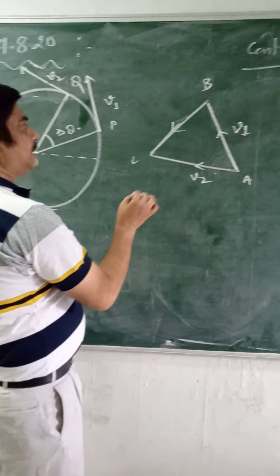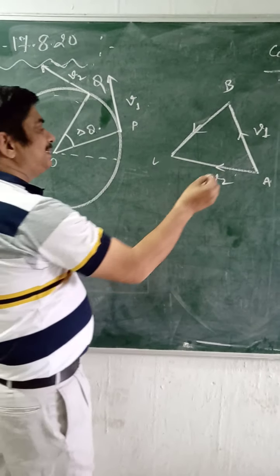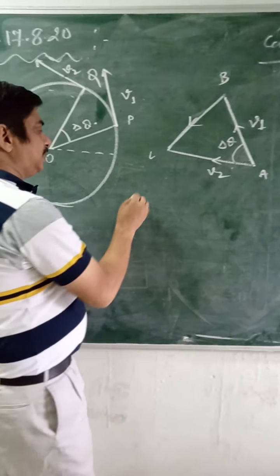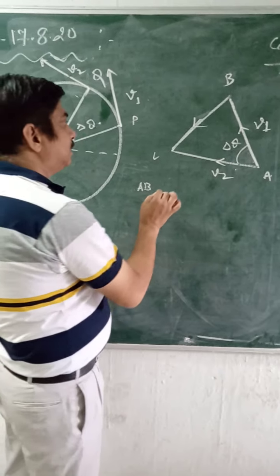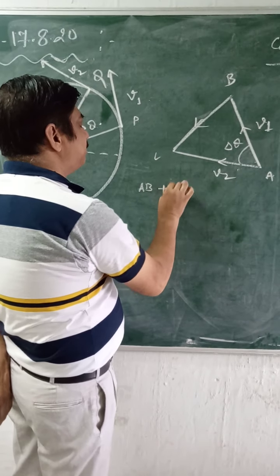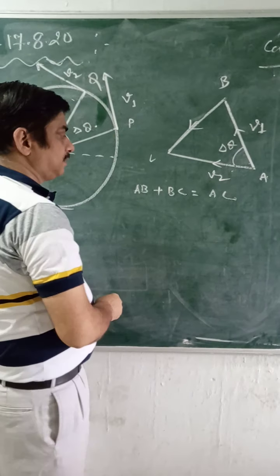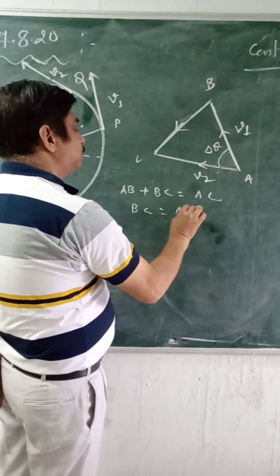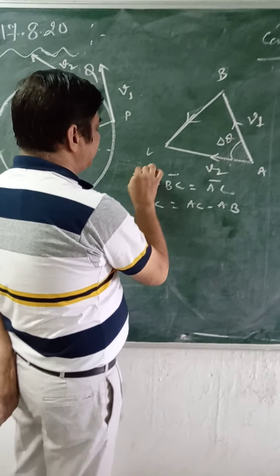So AB, according to the law of triangle, and this angle is delta theta. AB plus BC is equal to AC. So BC is equal to AC minus AB, in vector sign.